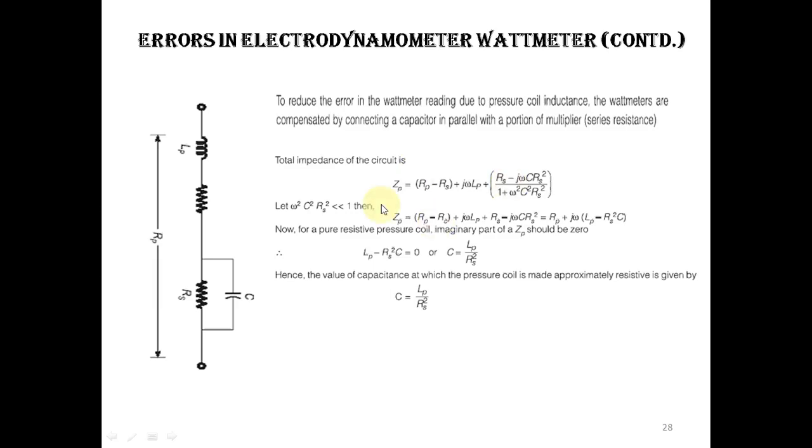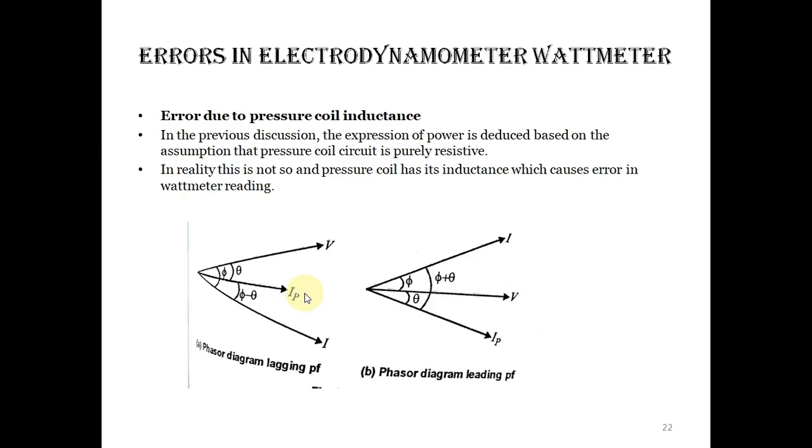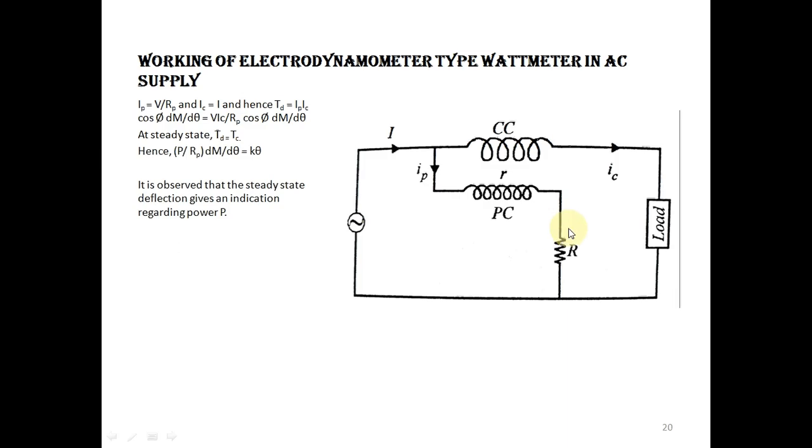What is the remedy to nullify or minimize the error due to pressure coil inductance? This mathematical deduction is not required at all, but still for your information I have displayed this. You just need to know the scenario and the way to minimize it: put one capacitor across this non-inductive resistance, that's all.